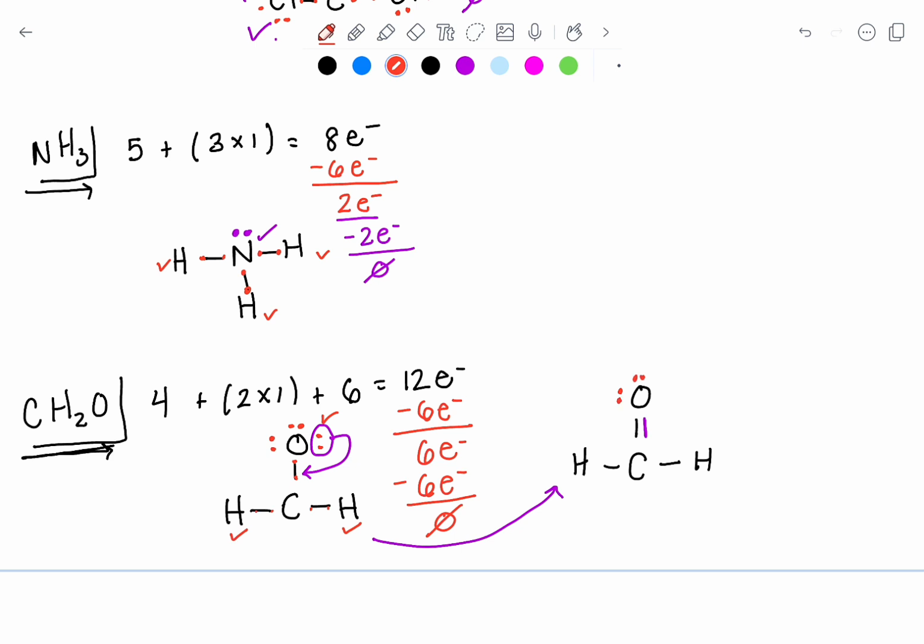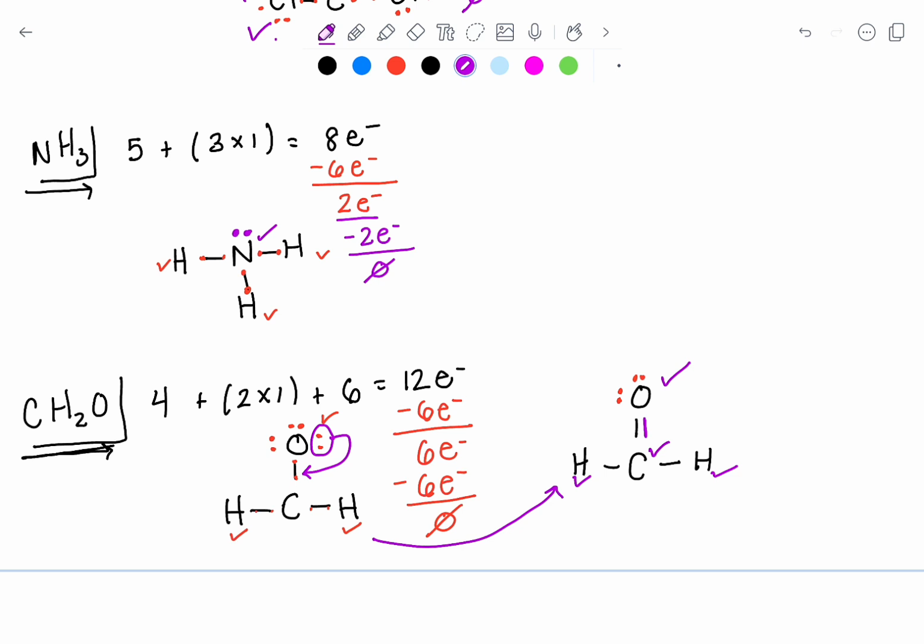So we made a double bond, and we can now check. Well, we know our hydrogens have their octets. Oxygen now has 2, 4, 6, 8 electrons, so it has its octet. And carbon now has 4 bonds around it, meaning it has its octet.